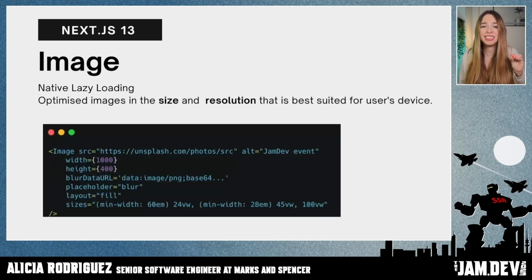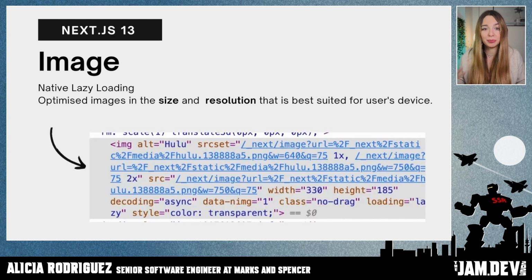Providing images in the ideal format, size, and resolution can greatly help improve Core Web Vitals scores, and improve users' experience. Based on the values you pass, Next.js will create images in the ideal format, size, and resolution to enhance user experience.